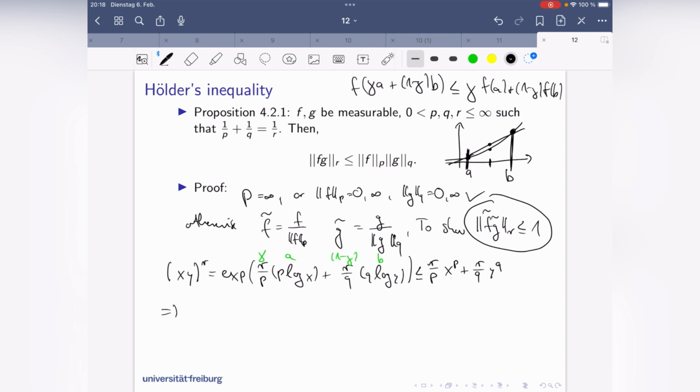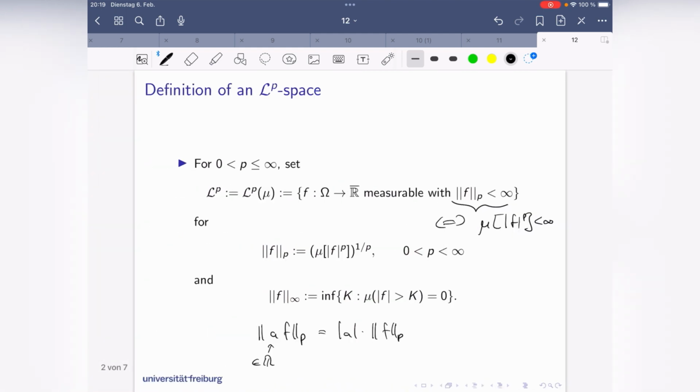And now we have to prove this inequality here. And, well, I can also put a power of r here, because that has the only fixed point 1. So f tilde g tilde r norm to the power of r, which is, by definition, well, if you have this to the power of p, you just don't have this here.